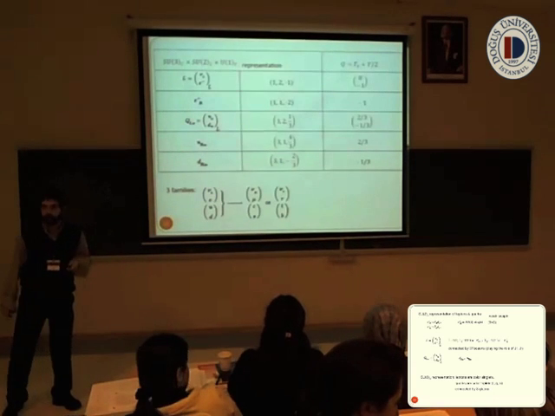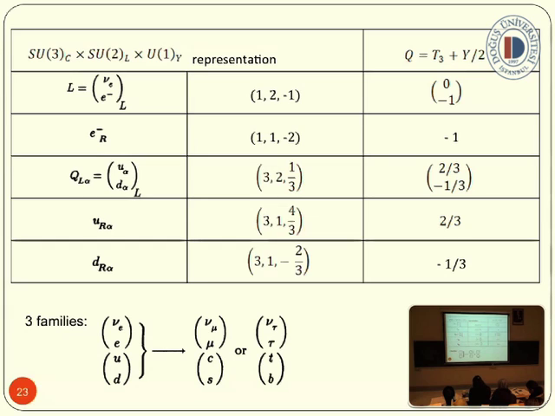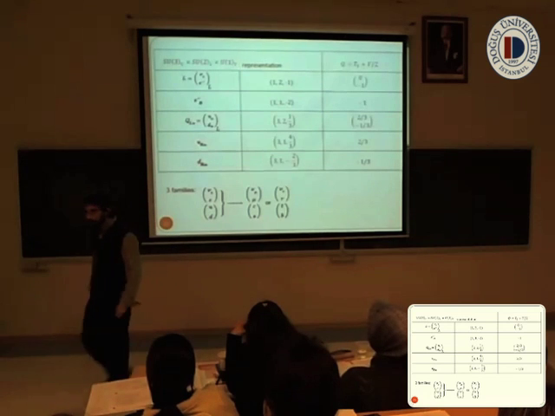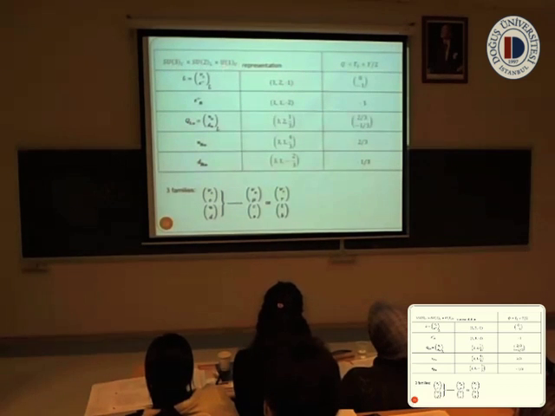Alright, so to summarize the matter content of the standard model, you have the following particles. Two leptons transforming as doublets under SU2. Then the right-handed part for the electron. And you have the quark doublet and the right-handed parts. 15 of them in total. And they have the following charges under SU3 cross SU2 cross U1.